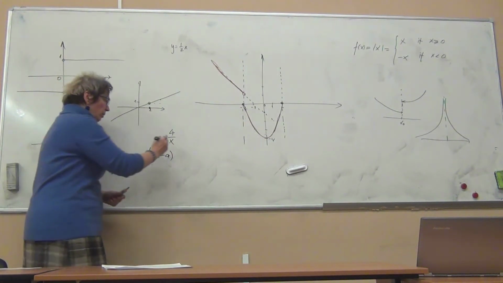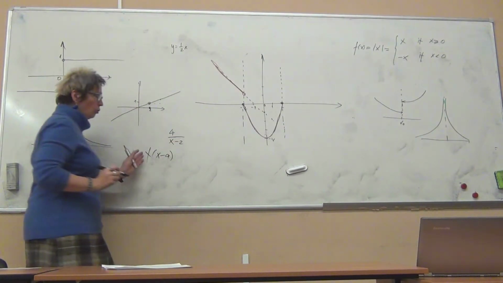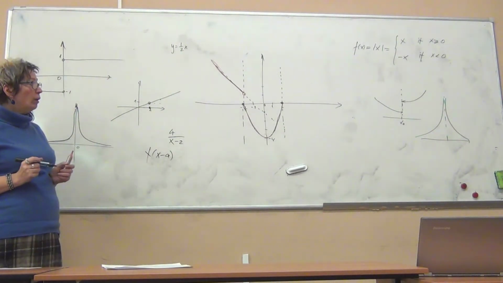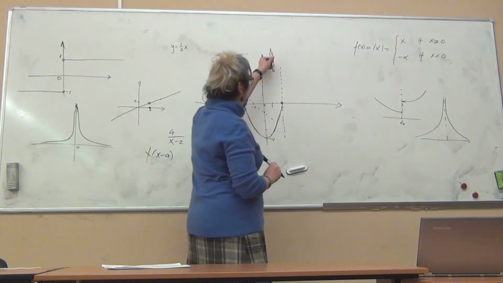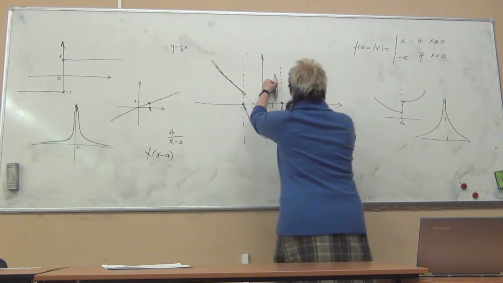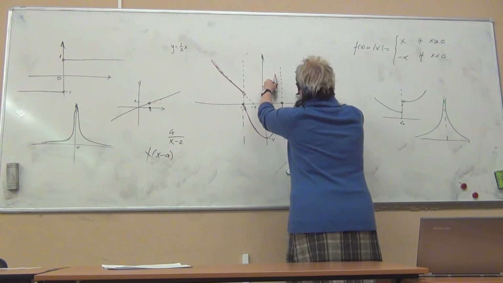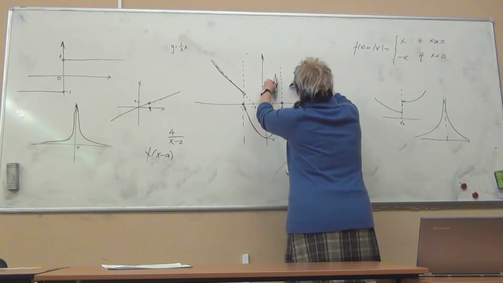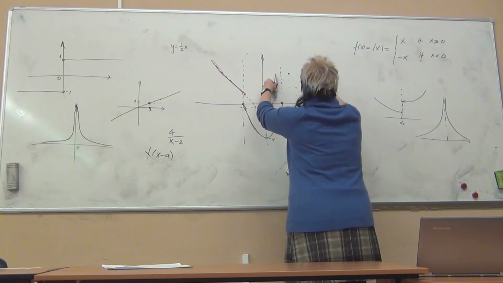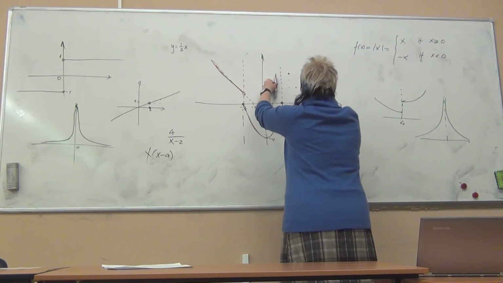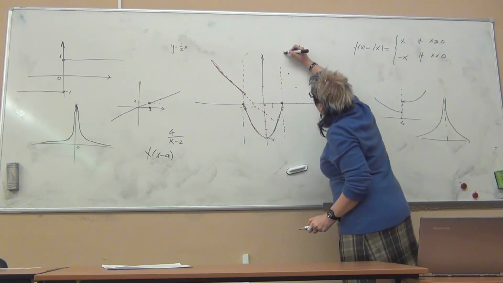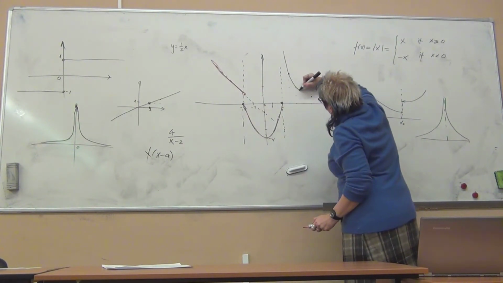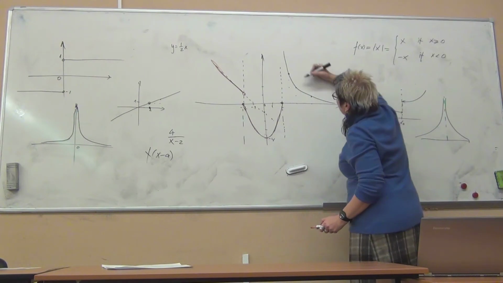So if it's x minus 2, it means 2 units right. I can imagine that this is the y-axis, and sketch the graph like this.